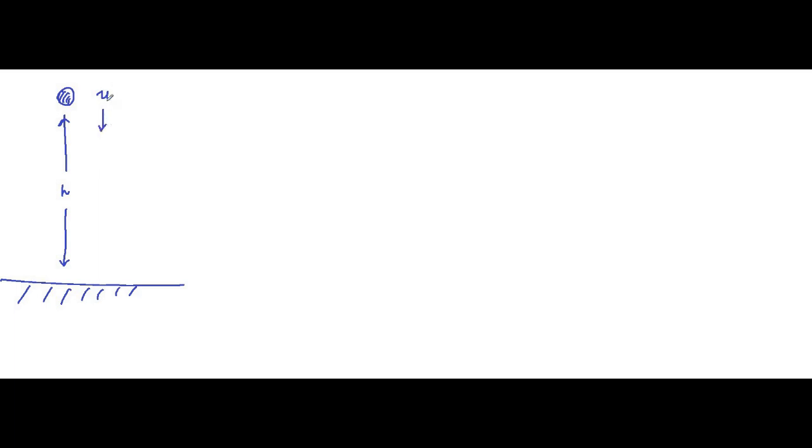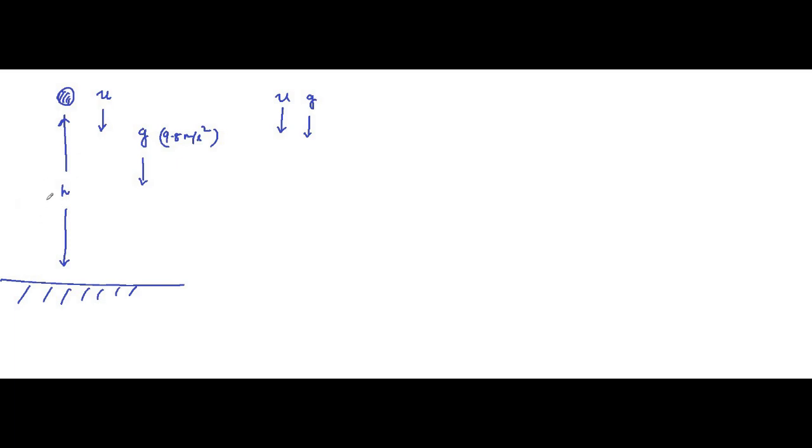It is dropped downwards. Here we know acceleration due to gravity is acting downwards, 9.8 meter per second square. Here the initial velocity is also directed downwards. Acceleration due to gravity is also directed downwards.